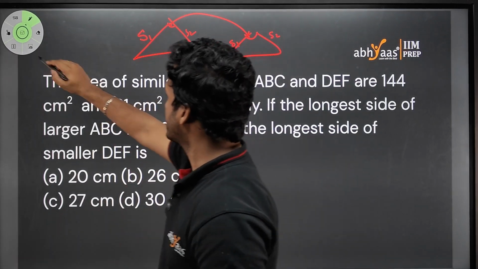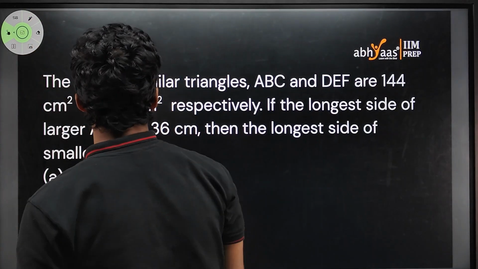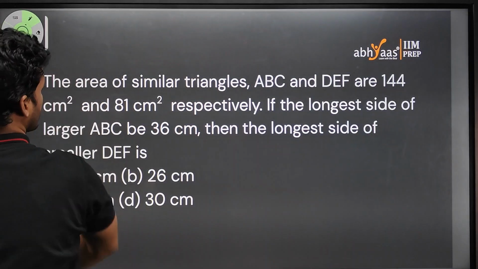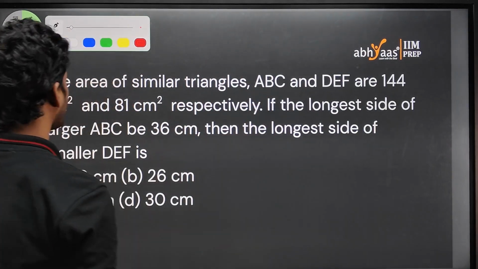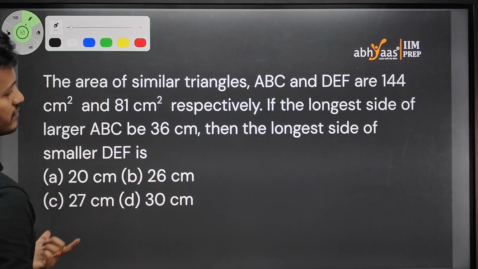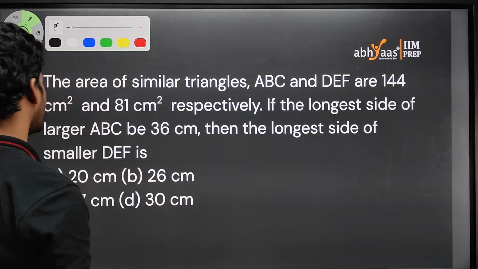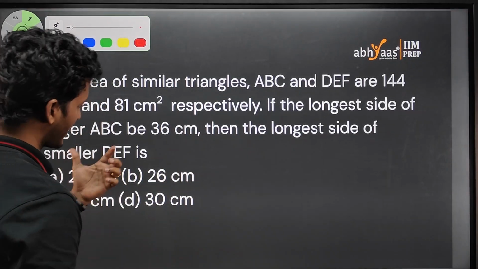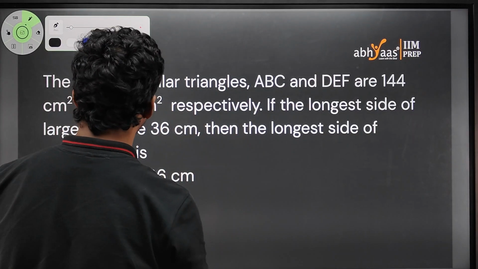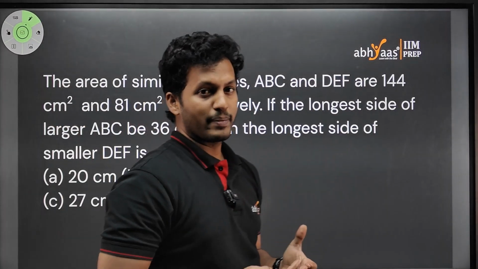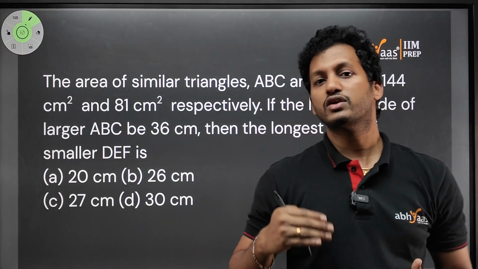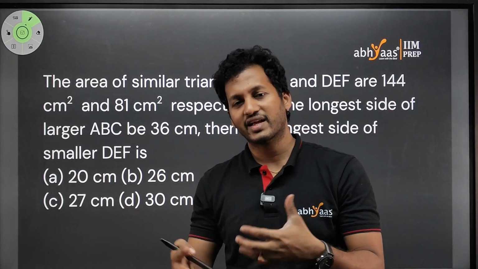So here what they said: the areas of similar triangles ABC and DEF are 144 centimeter square and 81 centimeter square. If the longest side of the larger triangle ABC is 36 centimeters, then what is the longest side of the smaller triangle DEF? So here the similarity theorem has been applied, and they already said that they are similar, so no need to check whether it is side similarity or angle similarity.